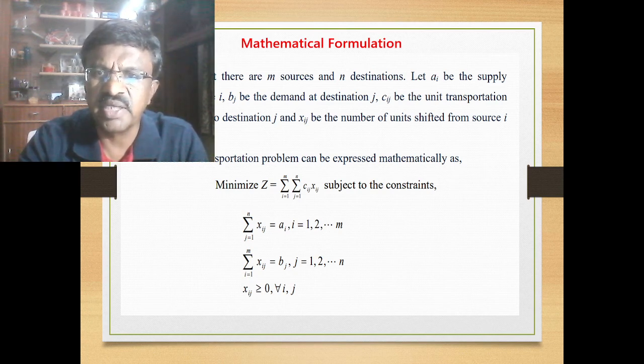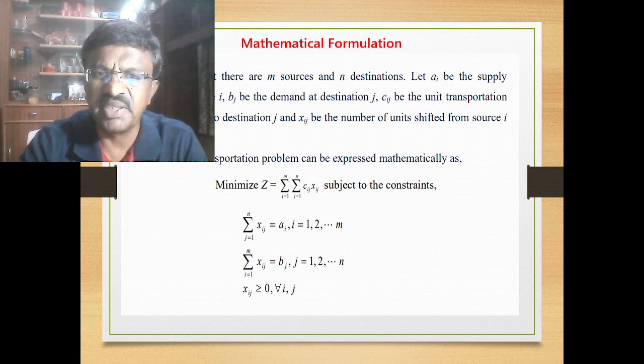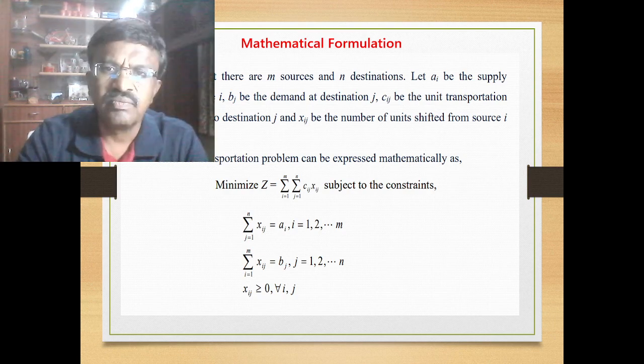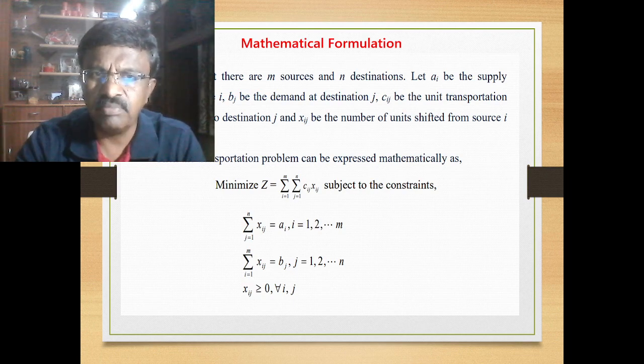Let A1, A2, A3, etc., Am be the supplies at the sources, and let B1, B2, B3, etc., Bn be the demands at the destinations. Let us assume that Cij be the unit transportation cost from the particular source i to the destination j, and let Xij be the number of units to be transported from source i to destination j.